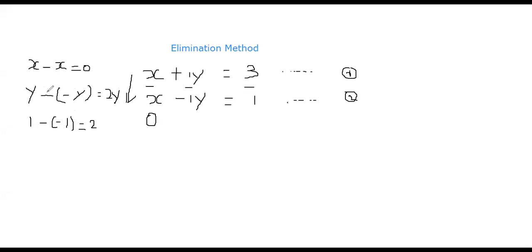And look here, this negative and this negative will give us positive. So what you get is y plus y, and y plus y is 2y. We did algebra, right? So now this section will give us plus 2y.